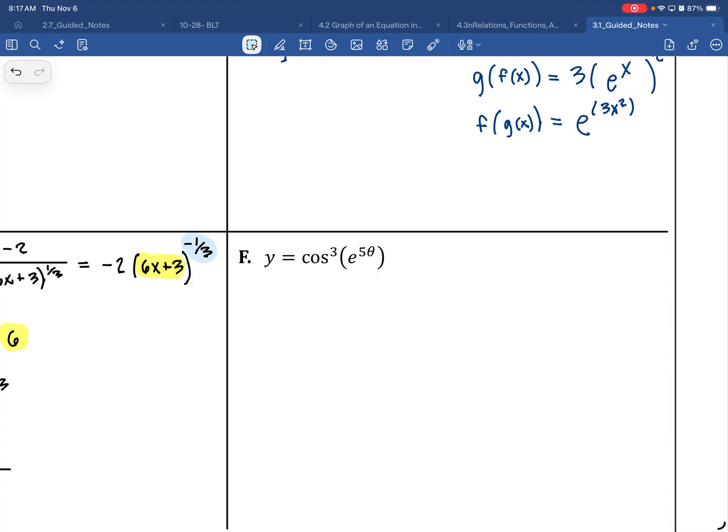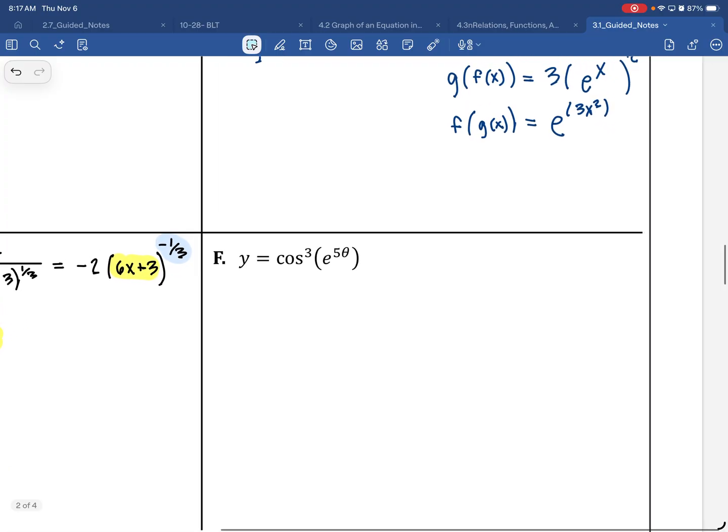Honestly, once you understand how the chain rule works, unless the exercise is to use quotient rule, I think you can rewrite anything with a negative exponent. Any quotient can be rewritten as a negative exponent, and as long as you understand the chain and product rule, you can do it. It may not always be the easiest way, but 100% you could. That's a good question. Very insightful.